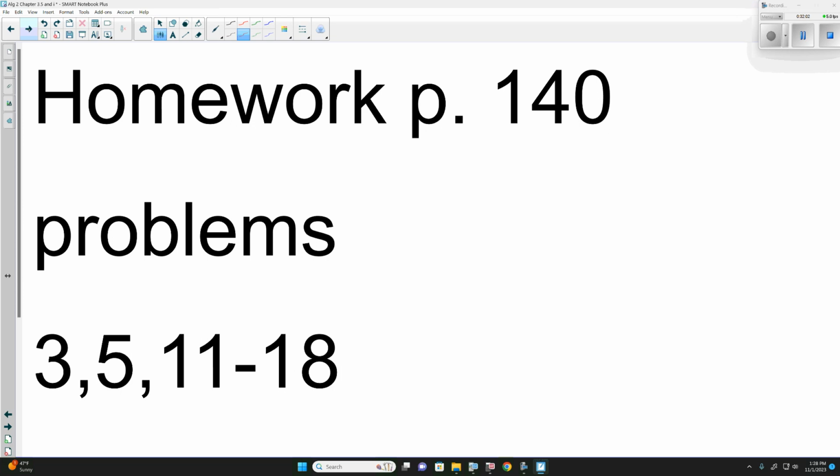And number 5, x squared minus 8x plus 81, is a perfect square trinomial already. We can get it to a set of parentheses squared. If you have problems with those, that's fine. Please ask. I can help you with those. But I am confident with 11 through 18. 11 through 18 is finding the value of c and plugging it back in, and then rewriting it as a single set of parentheses squared.